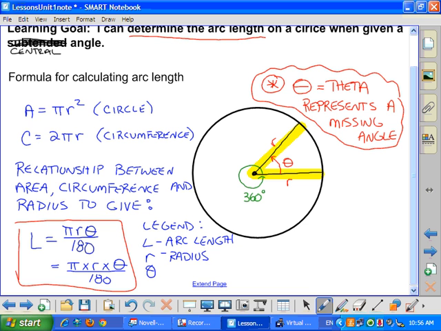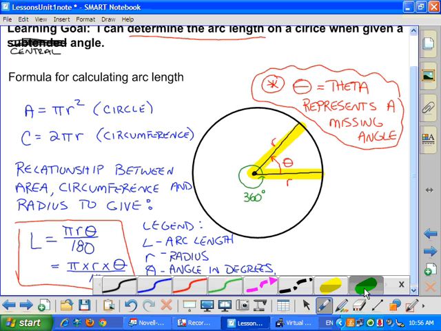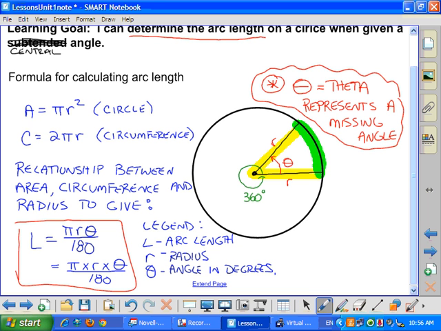And theta is the angle in degrees. All right. So this formula here is calculating this distance. Okay. So this is our L. So we're finding arc length.